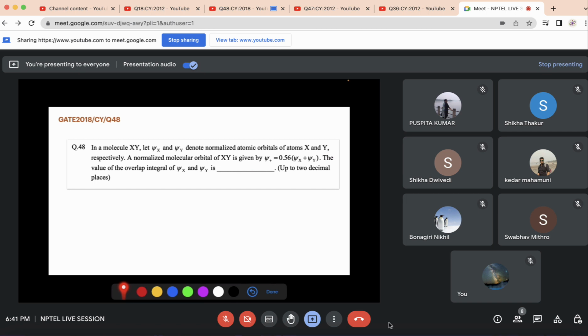A normalized molecular orbital of XY is given by this expression. The value of the overlap integral of psi x and psi y is. So, before solving for this expression, let's get familiar with what the atomic and molecular orbitals are.